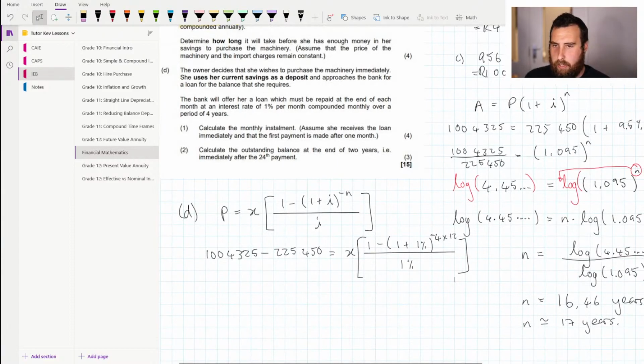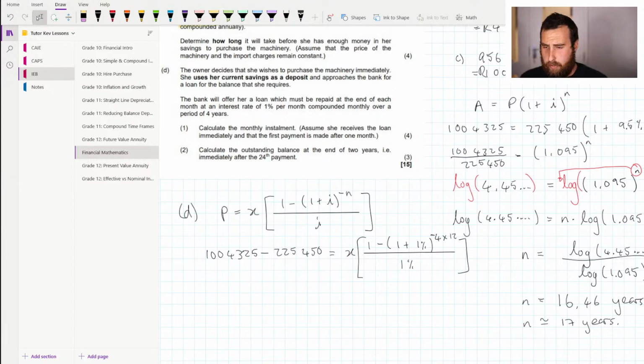Right. And then I reckon we should just find out what the value of the square brackets is. So we've got 1 minus (1 plus 1%), and that's all to the power of minus 4 times 12, and that's all over 1% as well.